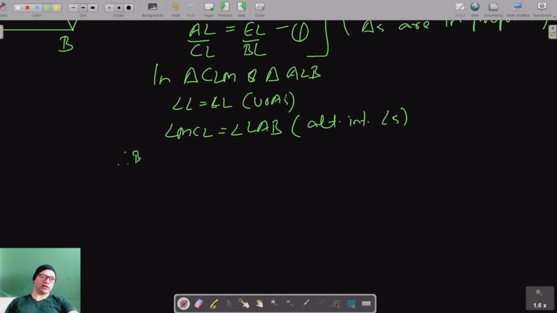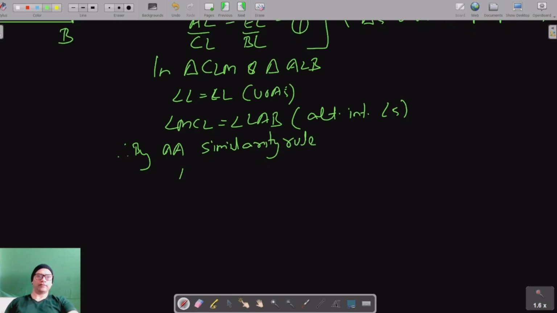So we can say that by a similarity rule, triangle CLM is similar to triangle ALB.